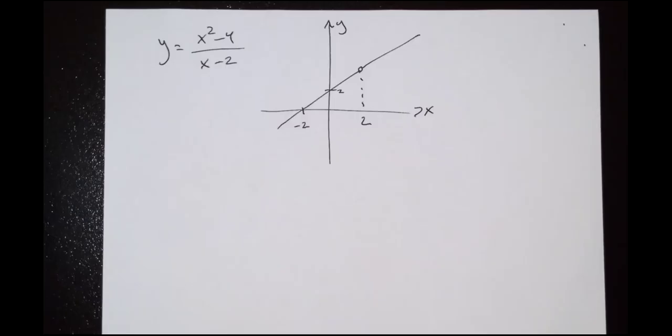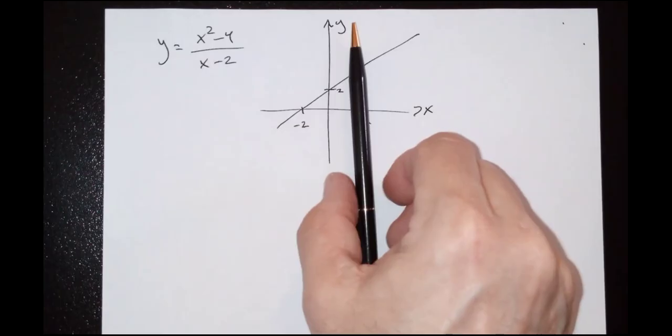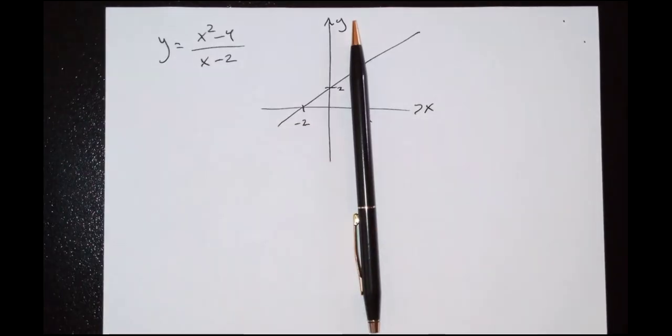Based on what I said the other day on Friday and Monday, that means I don't actually want to look at what's going on at 2. I want to look at what happens as we get closer and closer from the left, and closer and closer from the right. Isn't this function behaving perfectly nicely there?